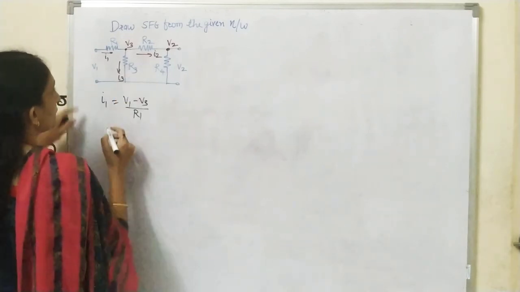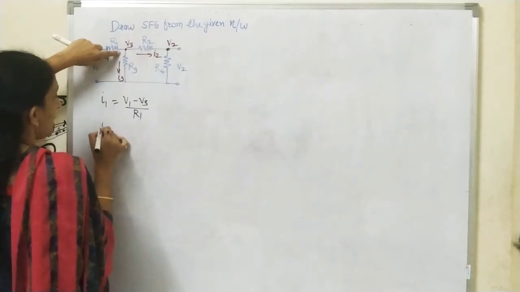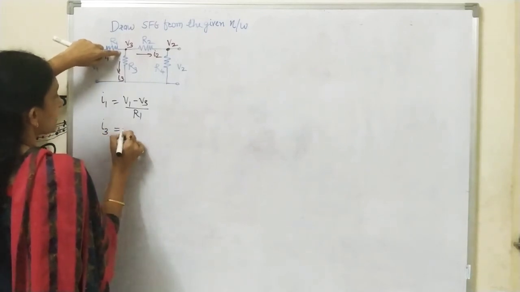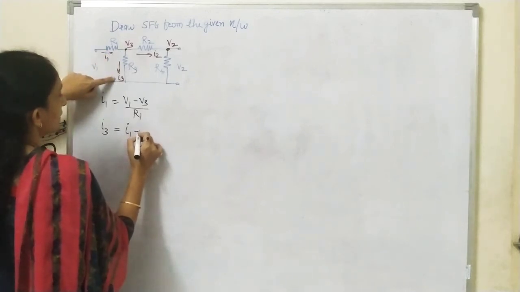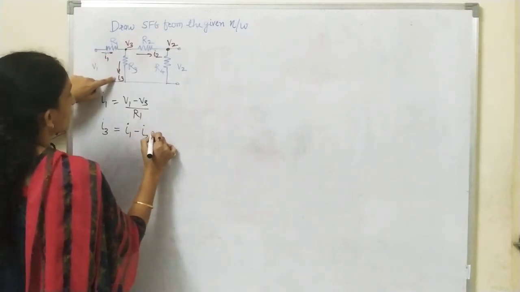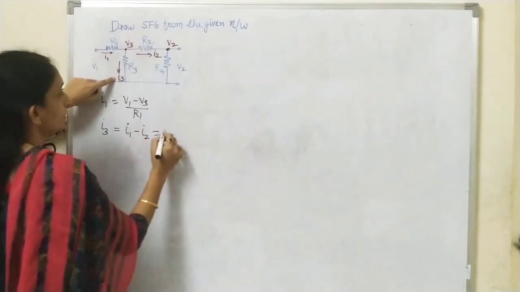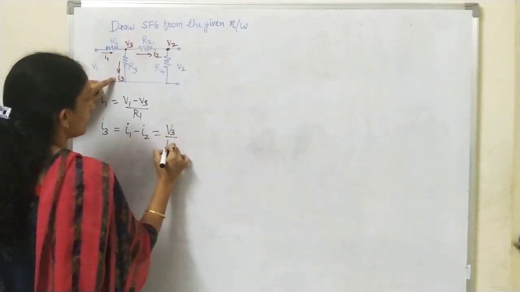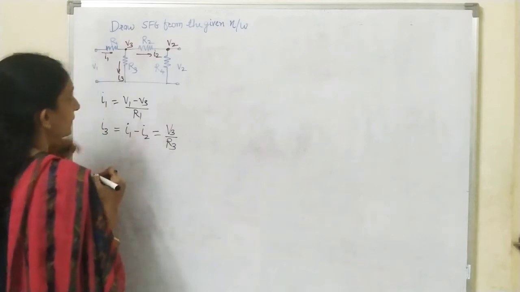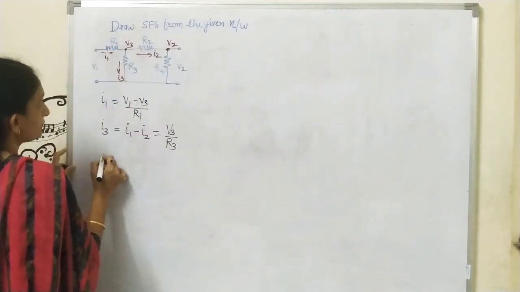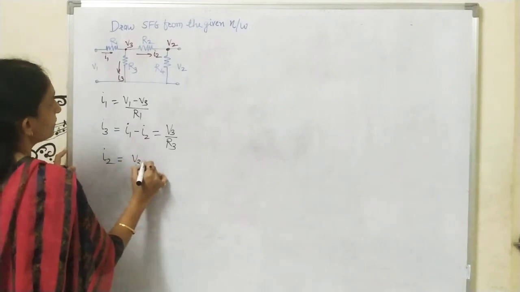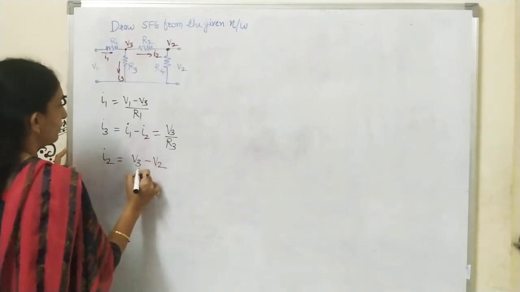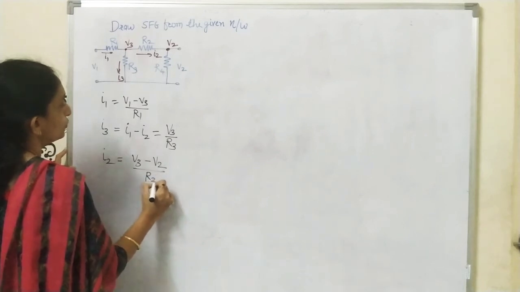Next, I3 is nothing but I1 minus I2, which is equal to V3 by R3. Now this one: I2 is equal to (V3 minus V2) upon R2.